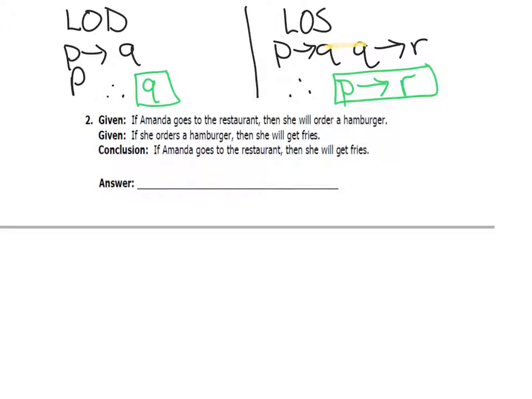Again, here we need these two to be the same. And over here, we need these two to be the same.